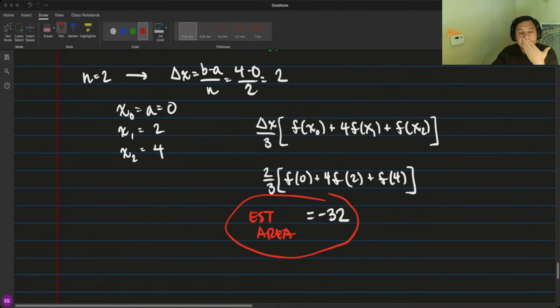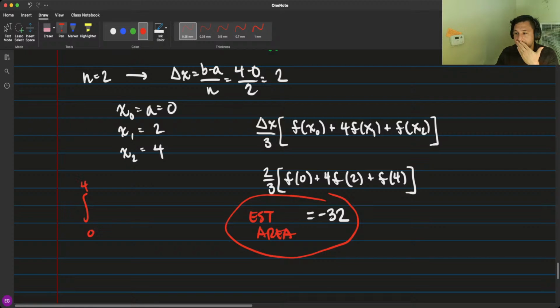Well, that's not good. I had Wolfram integrate it for us, and it says that if you integrate from 0 to 4 our f of x, the area is approximately equal to negative 42.